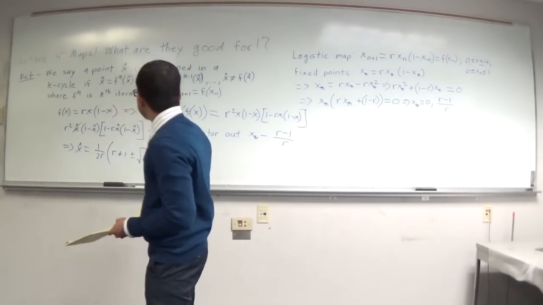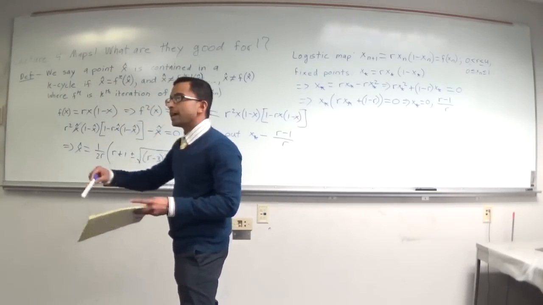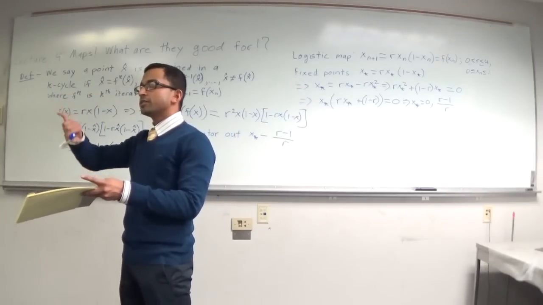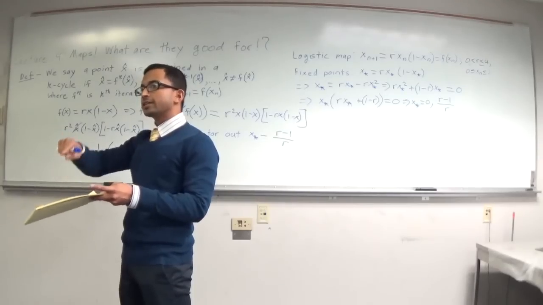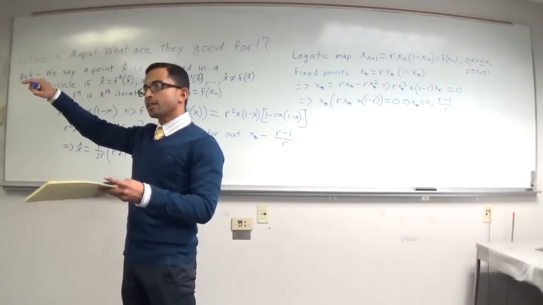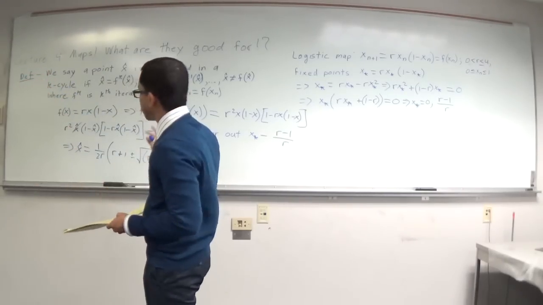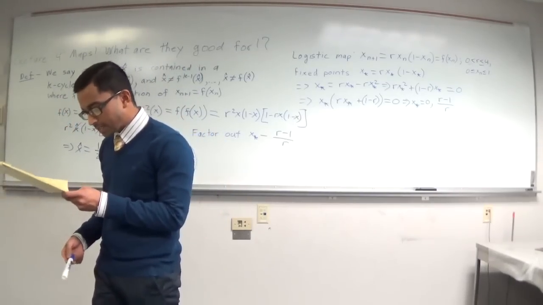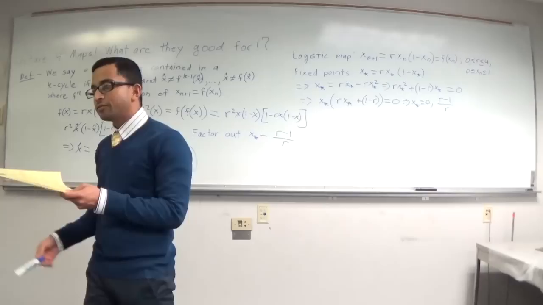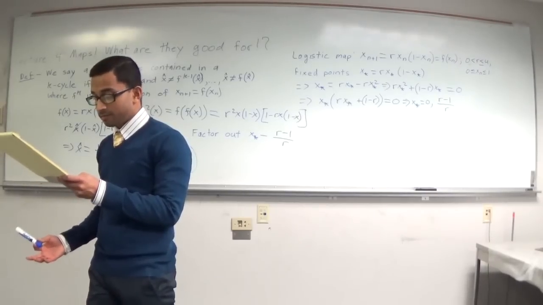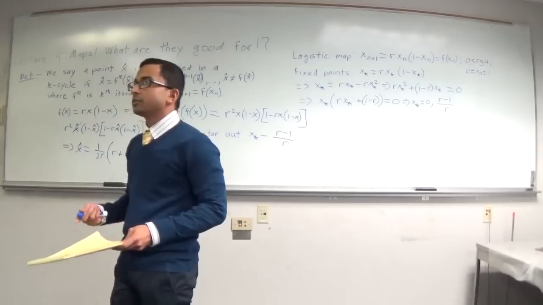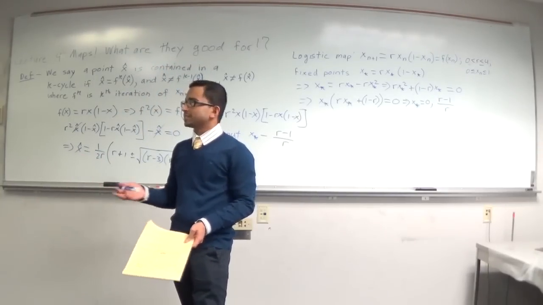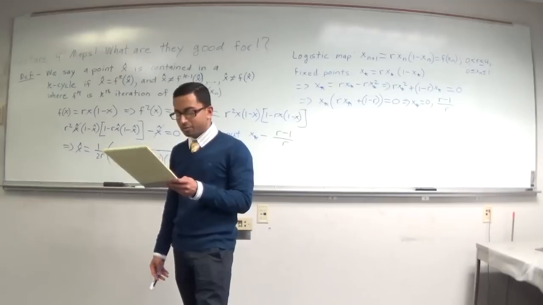When you plot F2 and F3, you get a better intuition about these things. If you plot F2, you'll see that the fixed point and the 2 points that are part of the 2-cycle are going to intersect the line y equals x. So I want you to do that for F3. Plot F3 and y equals x, and then explain when you think a 3-cycle exists and when you think it doesn't exist. I'm not going to penalize for a wrong answer there.